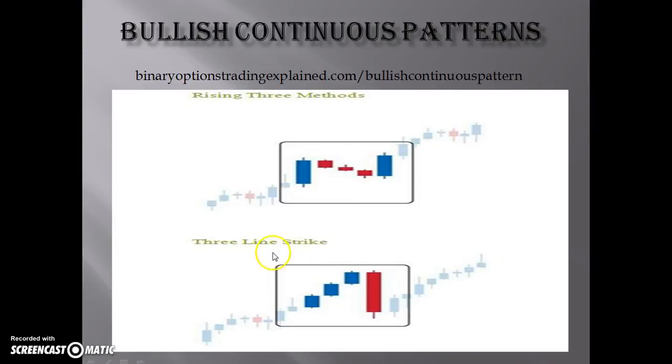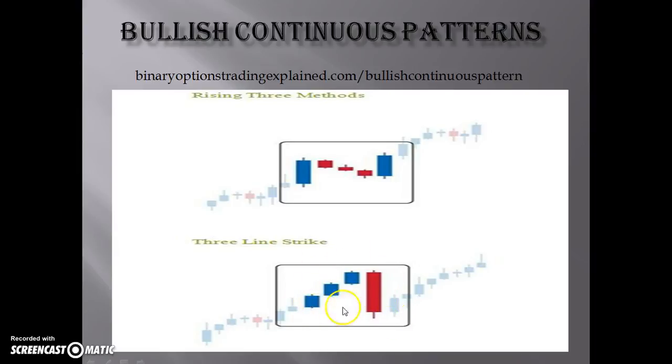Now, the three line strike also indicates that an existing upward trend is going to continue. You can see right from here that a bullish candlestick forms, another bullish forms, and then a bearish one forms. That bearish candlestick opens at the point where the last bullish candlestick closed and closes below the first bullish candlestick.